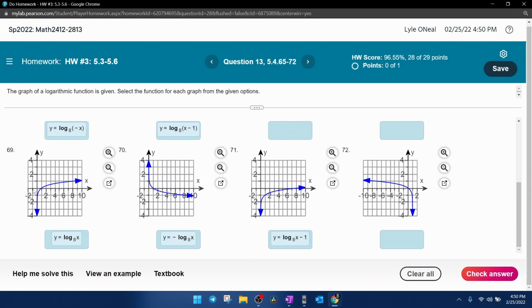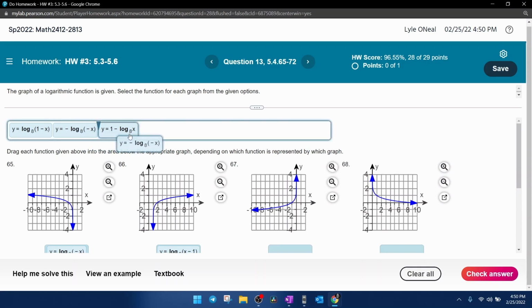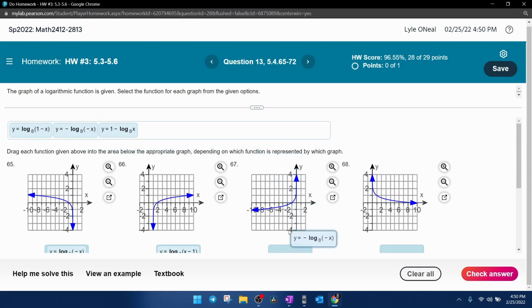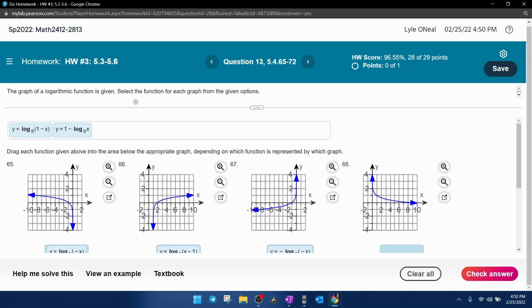So we need an x-intercept of -1, but the graph needs to come down to the left. That looks like number 67, having the y-axis as the vertical asymptote and an x-intercept of -1. This graph would represent a vertical and a horizontal flip from the original. So again, we're going to drag and drop him right there. And I've only got 2 more to go.